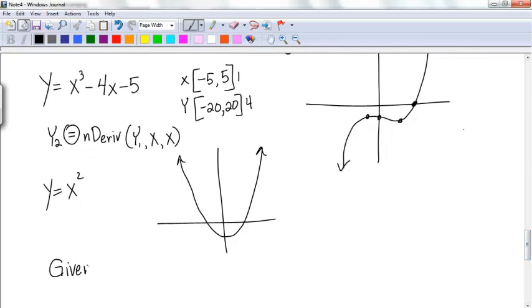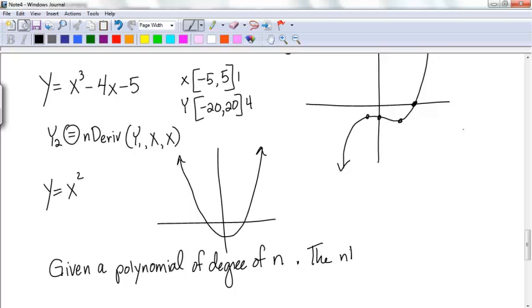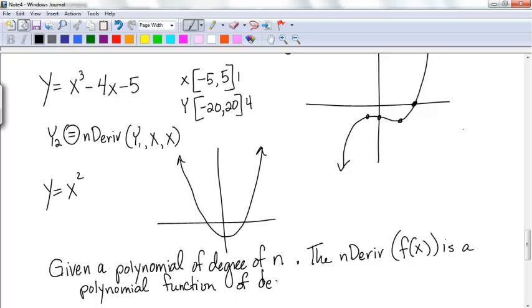Given a polynomial of degree n, and the example I gave you was a cubic graph, it was to the third power, the numerical derivative of f of x is a polynomial function of degree n minus 1.